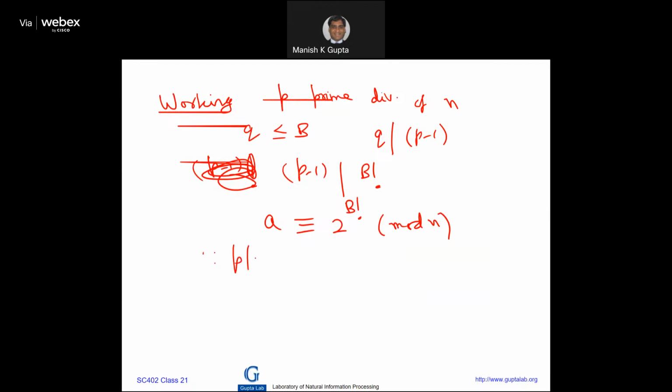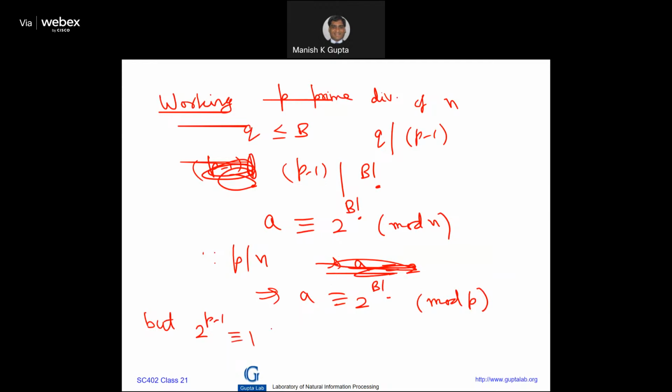Since p divides n, this implies that a is congruent to 2 raised to factorial b mod p, but we know that 2 raised to power p minus 1 is congruent to 1 mod p. This implies that a is congruent to 1 mod p. This is possible since p minus 1 divides factorial b. That condition we have used here.